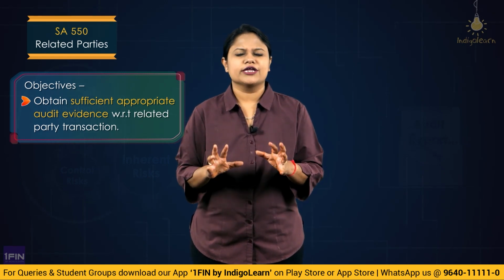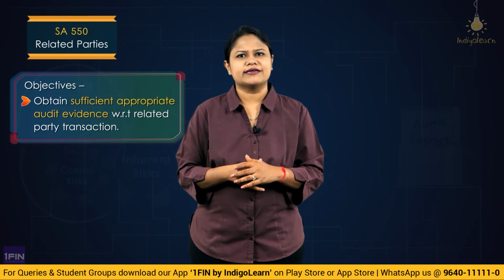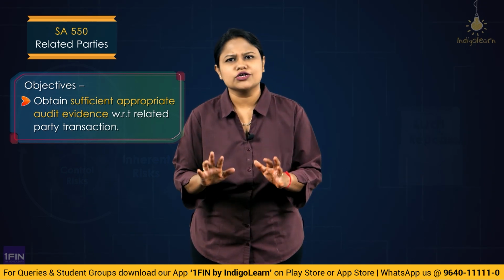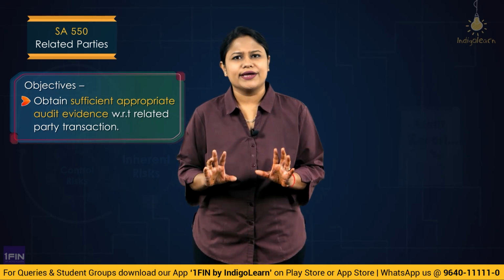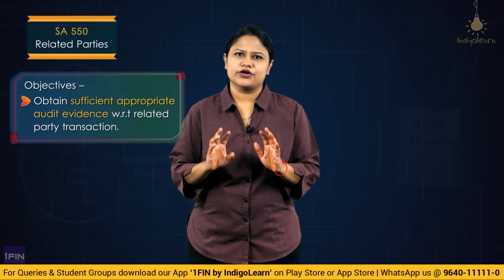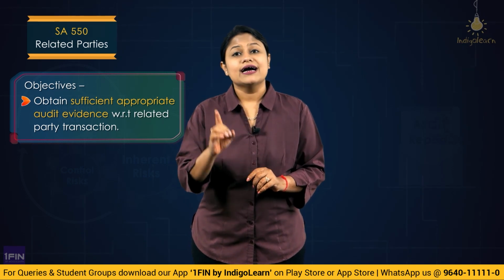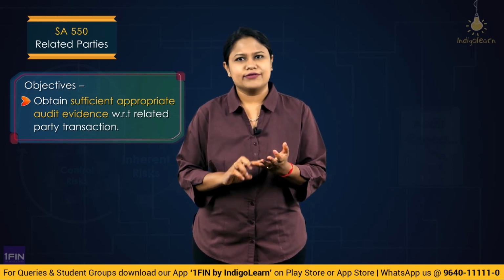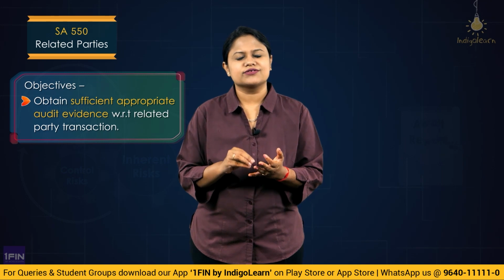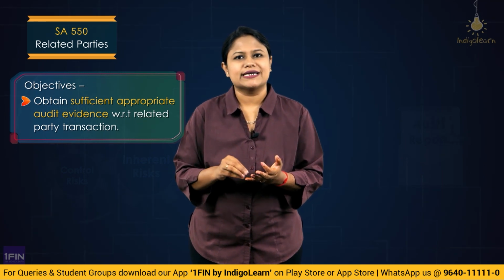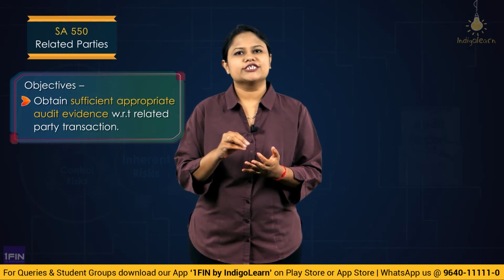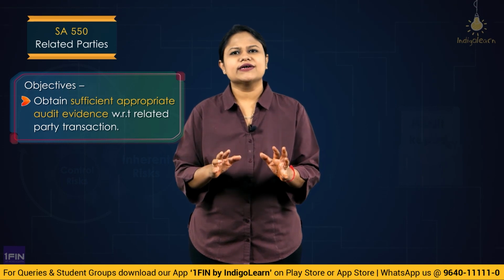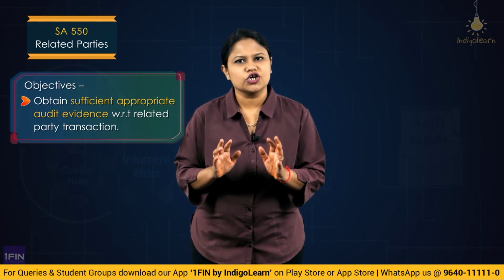Whether the financial reporting framework is explaining about a related party relationship or whether it is not talking about it. In any way, it is the responsibility of the auditor to find evidence regarding what kind of related parties are existing, what is the nature of the transaction, and see whether they have been appropriately disclosed or not.